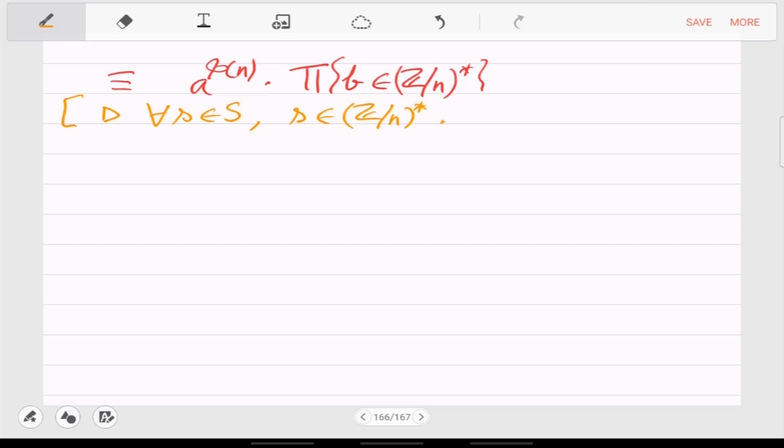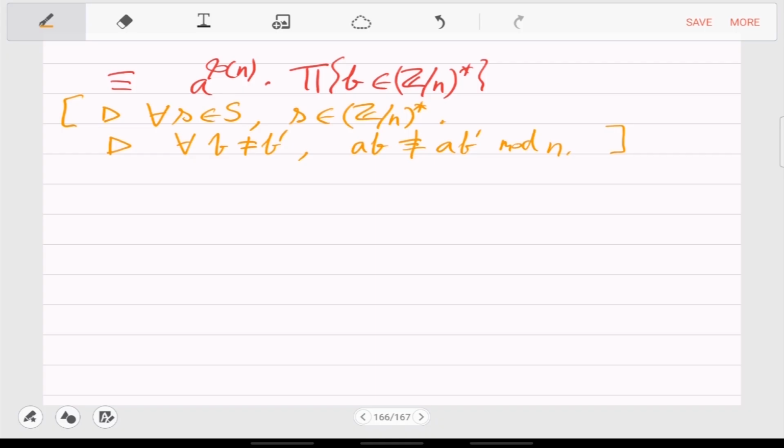And the other property is that if you take b and b prime different, then a times b and a times b prime are different. Right?